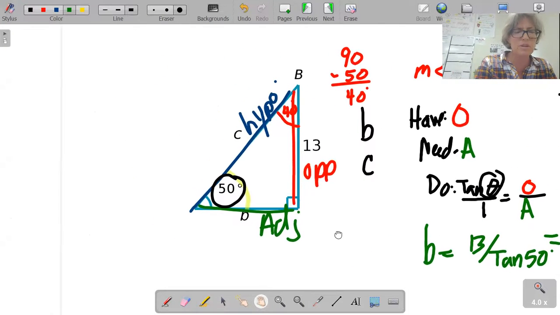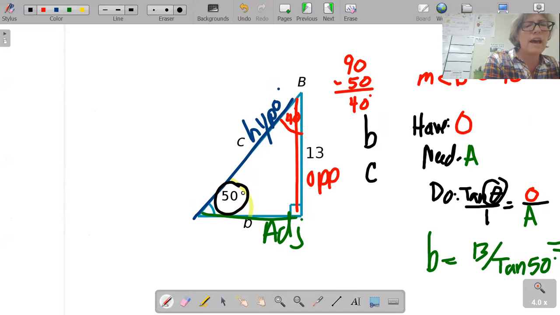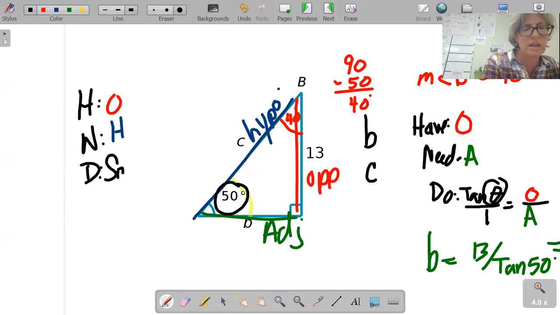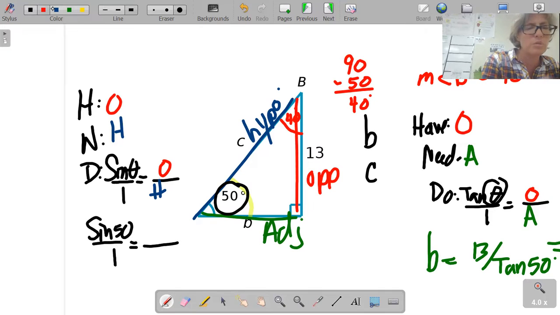C, if we were to go this way, I have the opposite. I need the hypo. I have an OH combo, so that's sine. So sine of theta over 1 equals opposite over hypo. So it is right here, sine of 50 degrees over 1 equals opposite, which is 13, over hypo, which is our C. Cross multiply.